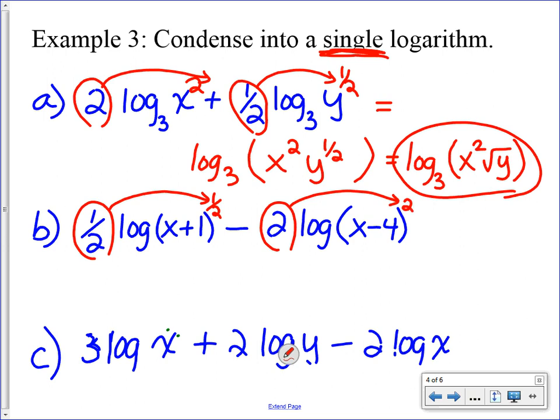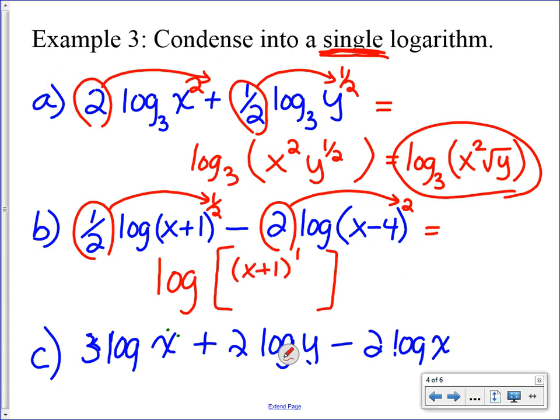Now, because we're subtracting the logarithms, we're going to divide the expressions. So, again, we're going to condense into a single logarithm. I'm actually going to use brackets since I have parentheses in my expressions. But because we're subtracting, we're going to divide the expression.